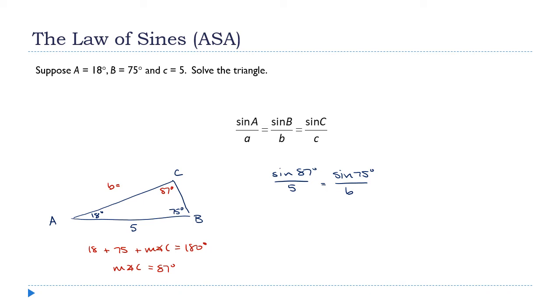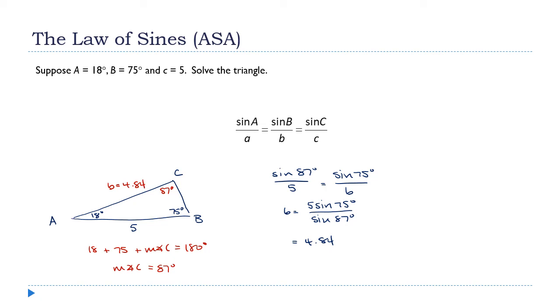You multiply both sides by B, bring the B over to the left side, however you like to solve these kinds of equations. You'll end up with B equals 5 sine 75 degrees over the sine of 87 degrees, which my calculator says is 4.84. So let's put that in here. That was B, right? 4.84.